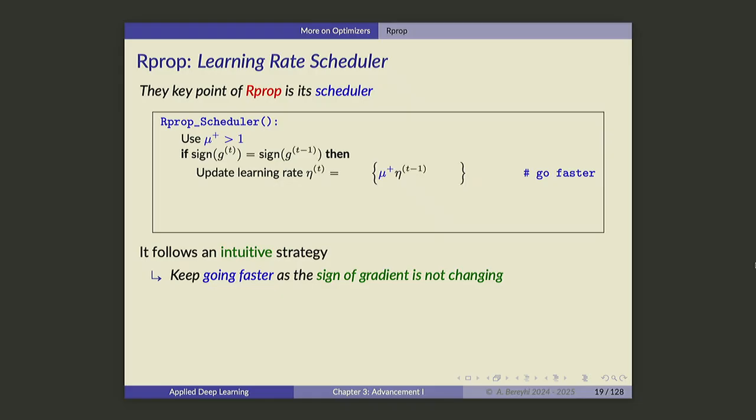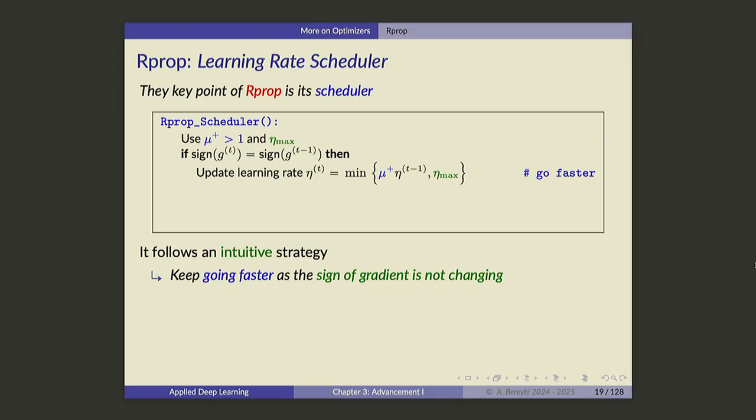Everybody's clear? Typically what you do, you just limit it with one maximum value, right? So you don't want your step size to get to infinity. So you would say, OK, I would take at most a step size of 1. So I start from 10 to the power minus 3. I increase it every step. But if I reach that one, I'm going to stop, OK? This is when the sign of gradient is not changing.